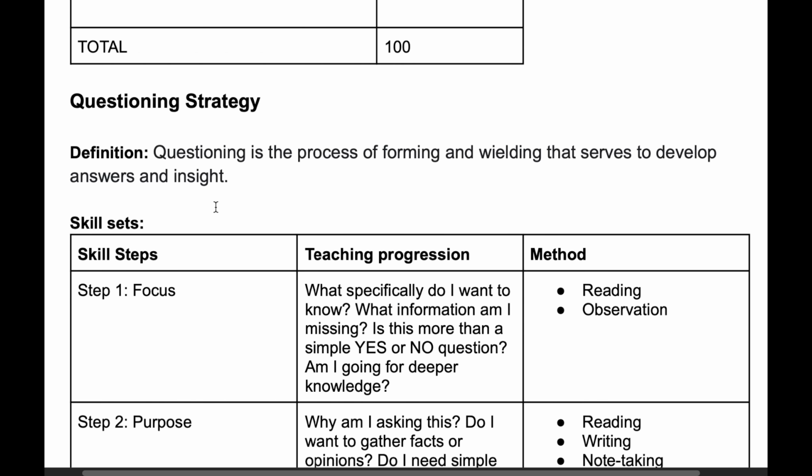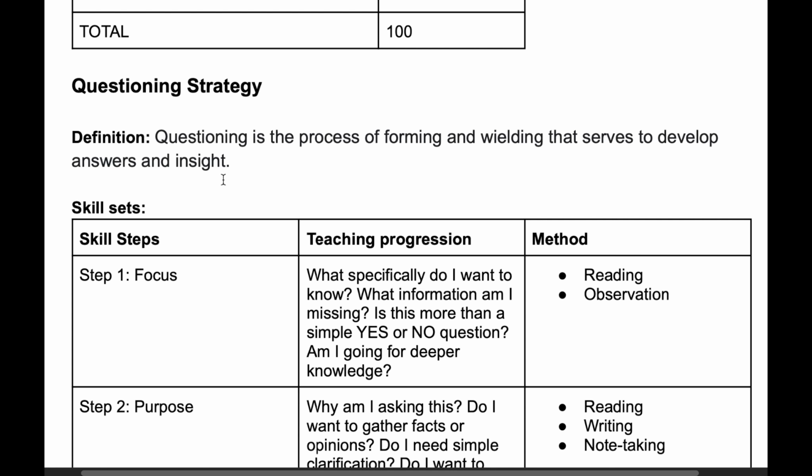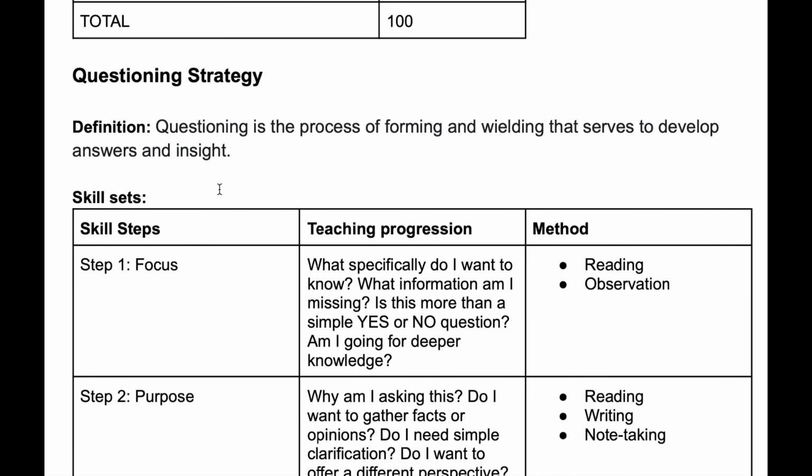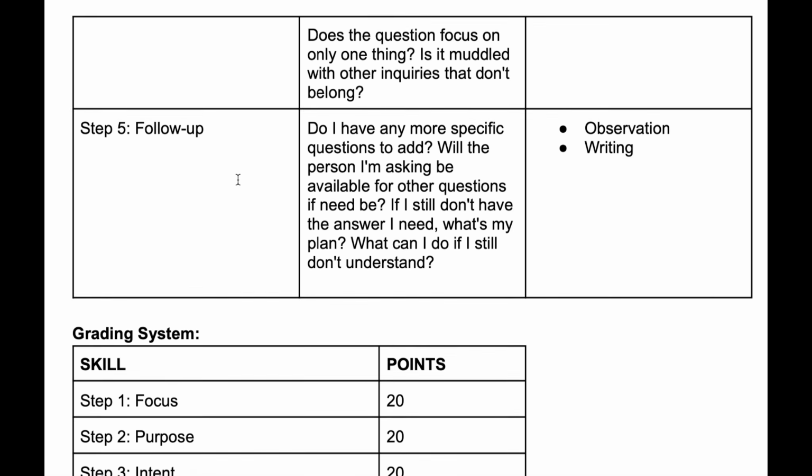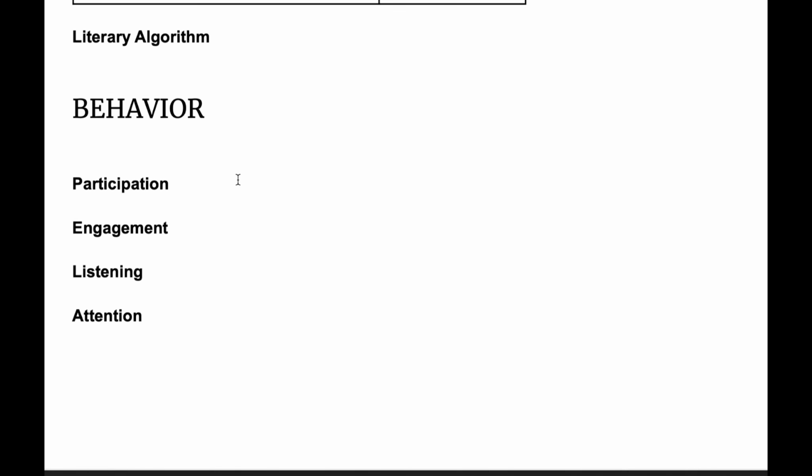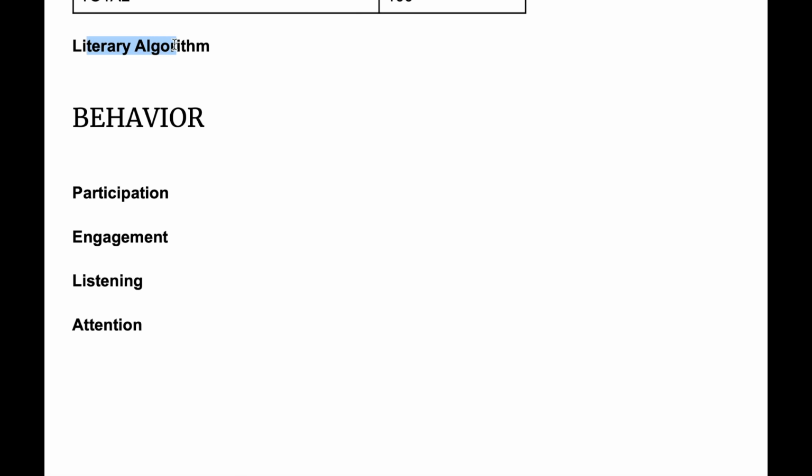Followed by questioning strategy, the process of forming and asking questions that serve to develop answers and insight. And then followed by literary analysis and so much more. So these sets of skills only focus on study power.